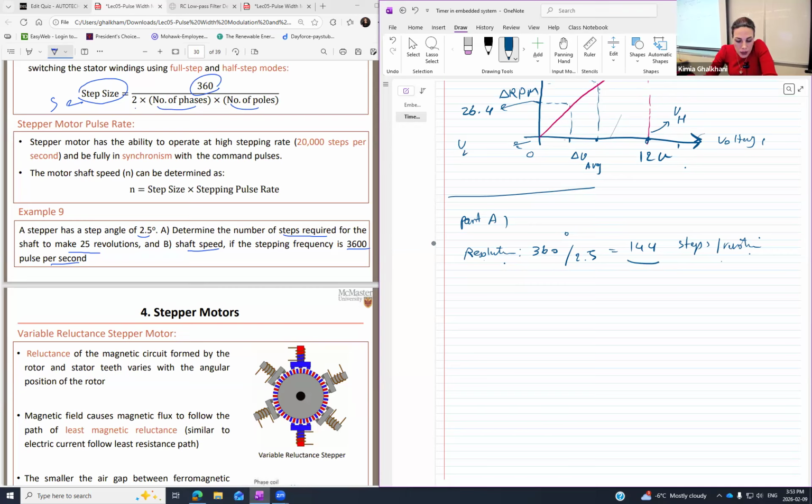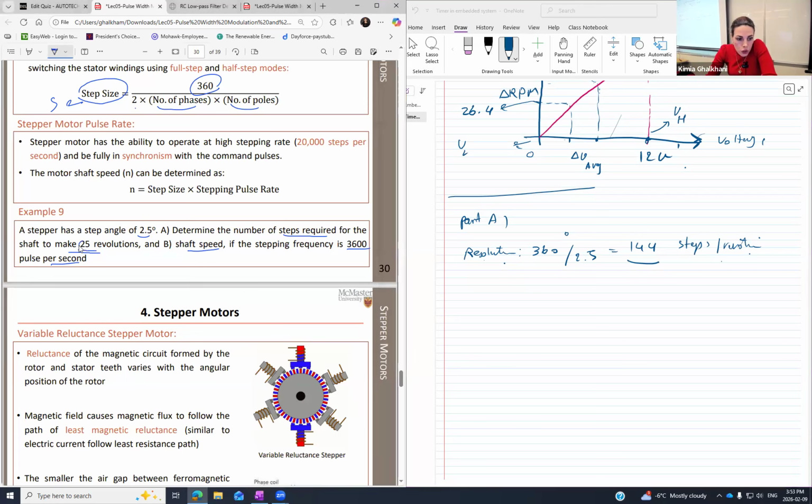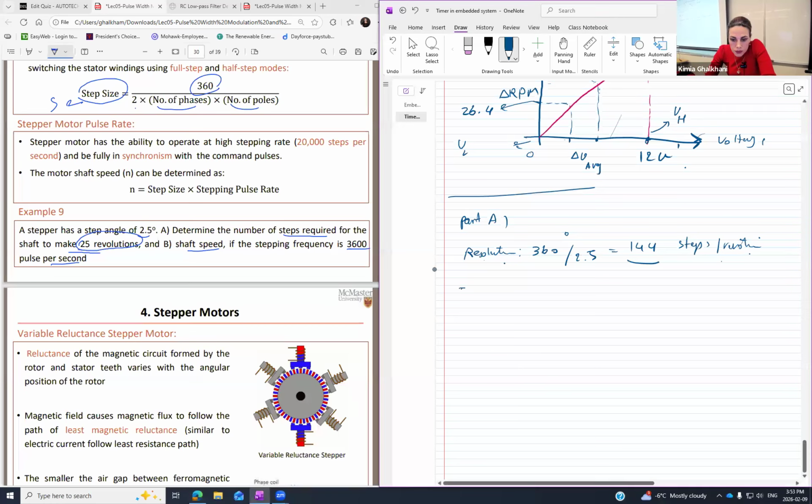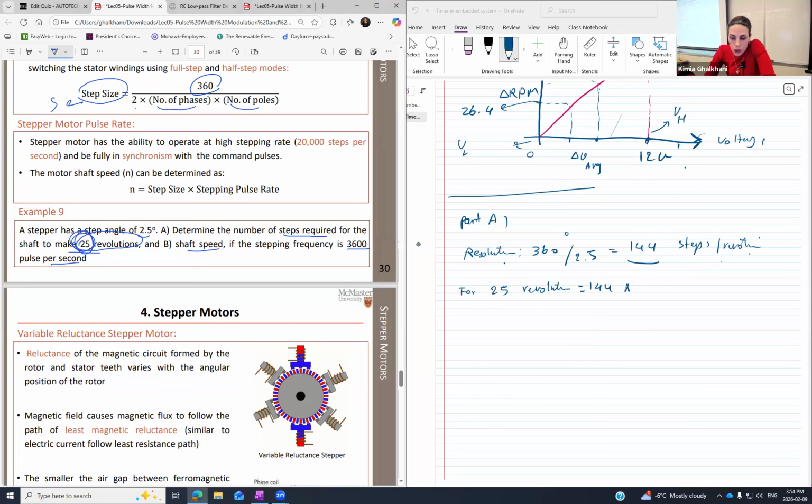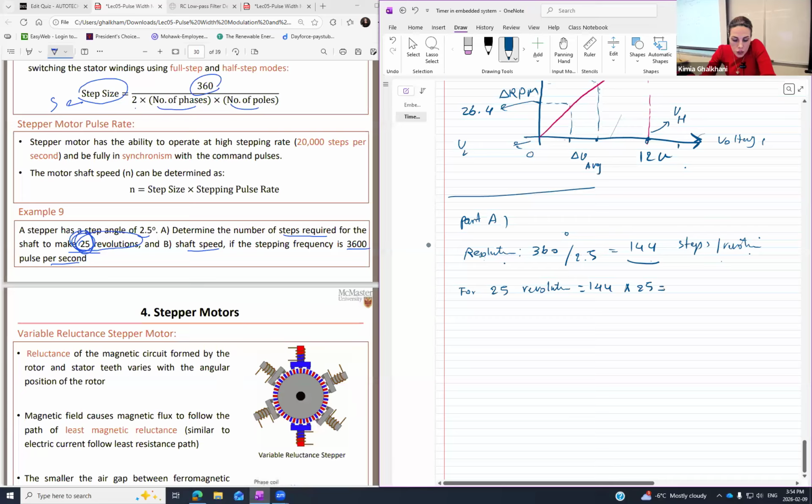For 25 revolutions, what do I need? I need this 144, which is the resolution, times this 25 from the problem, which is going to be 3,600.